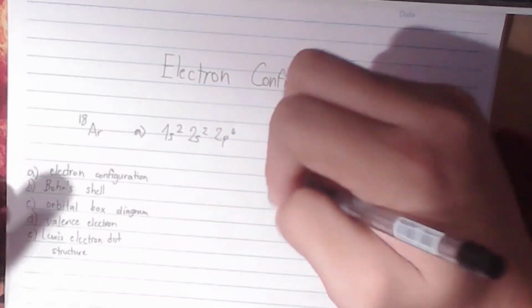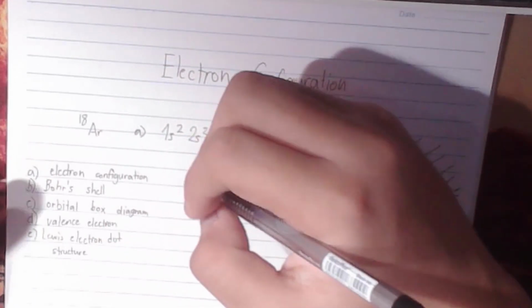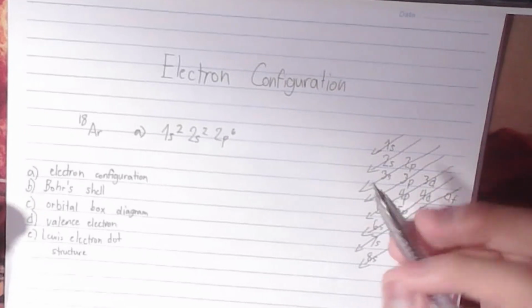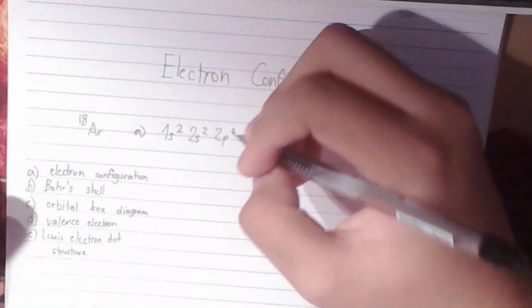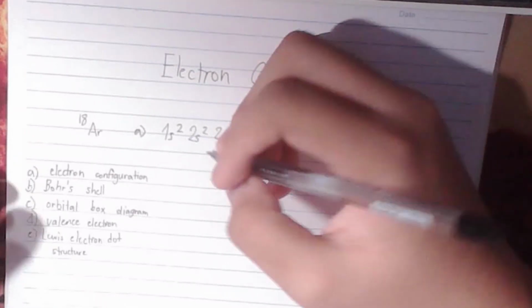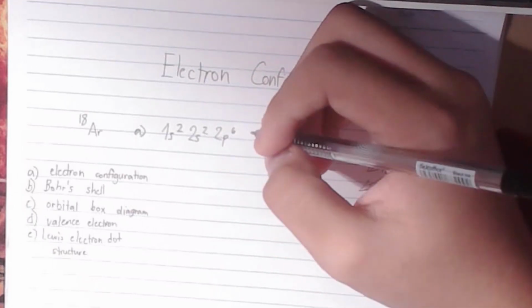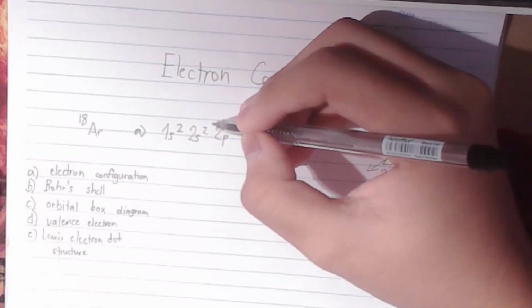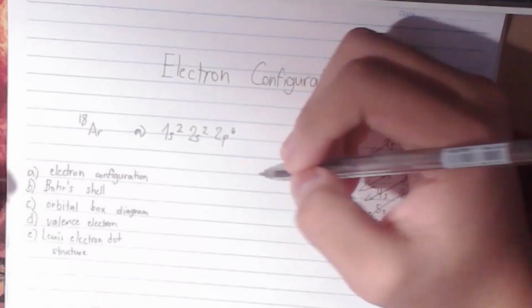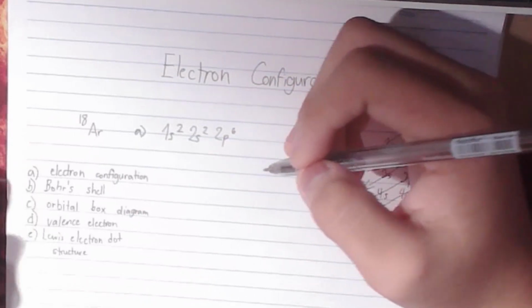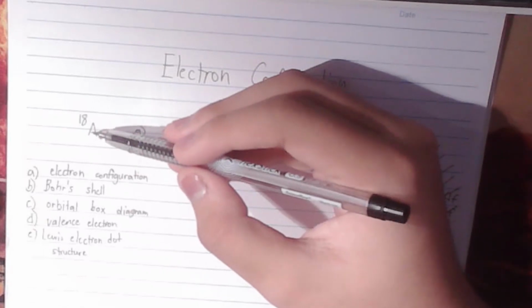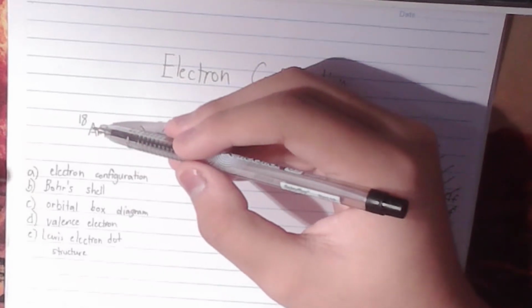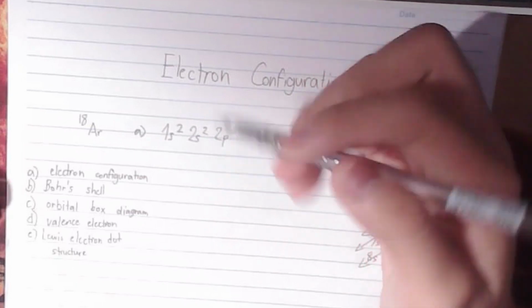Now, make sure to keep track of how many electrons you have used. Here we can see that if we add the exponents, which symbolize the electrons in each sublevel, these are 2 electrons and 6 electrons, which total 10 electrons. As we know, the atomic number symbolizes how many electrons are in the atom, so argon has 18 electrons.